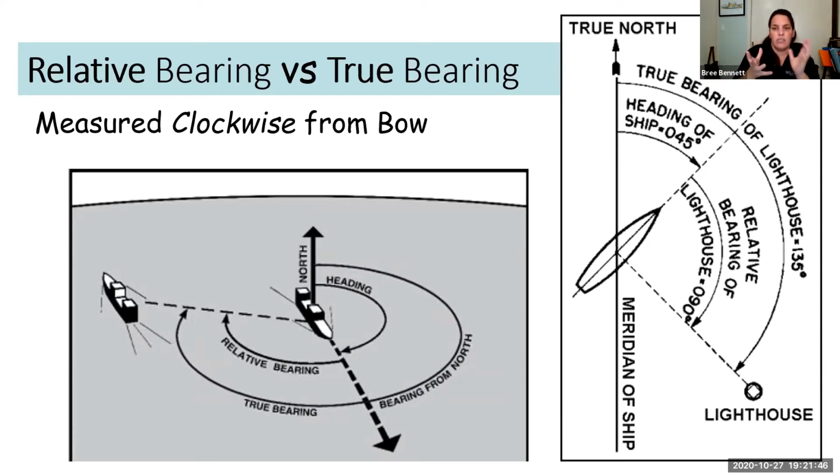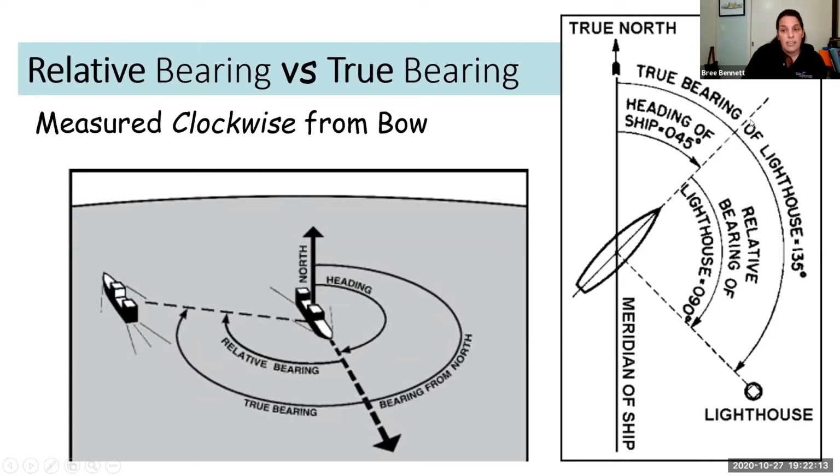But I guess the technical term here is relative bearings. So let's look at numbers here. We have a lighthouse here, and it is on the beam of this boat. So it is 90 degrees right on the starboard beam of the boat. So its relative bearing would be 90 degrees right on the starboard beam.